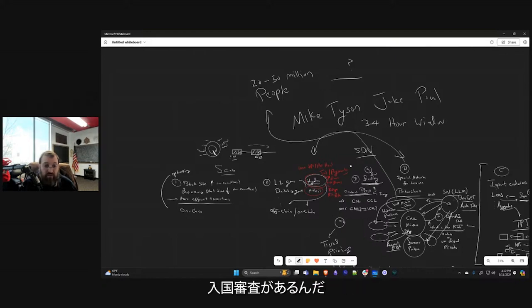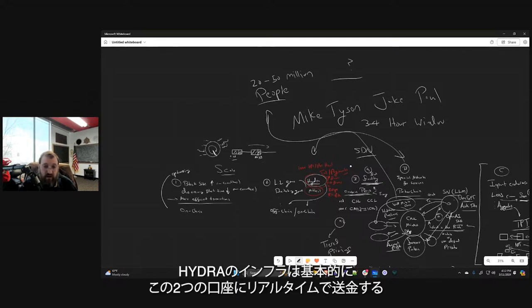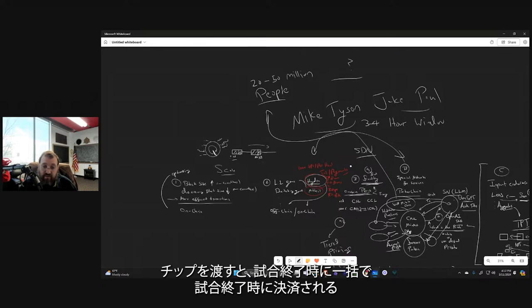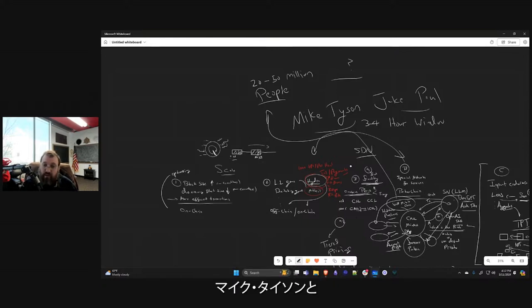There's an entry point. Let's say it was pay-per-view, but it's actually Netflix, but they have to pay to get access to it. And then while they're watching, they're tipping. So you could set up a special purpose Hydra infrastructure to basically tip these two accounts. In real time, you can tip, and there's a batched settlement at the end of the fight for both Mike Tyson and Jake Paul.